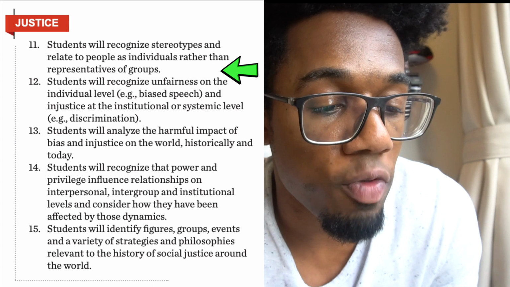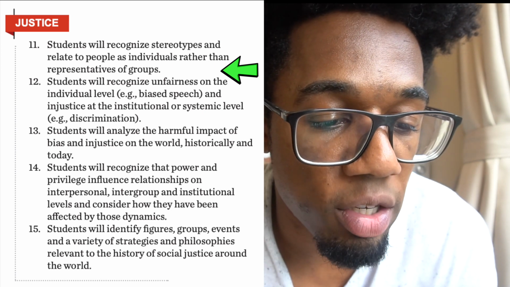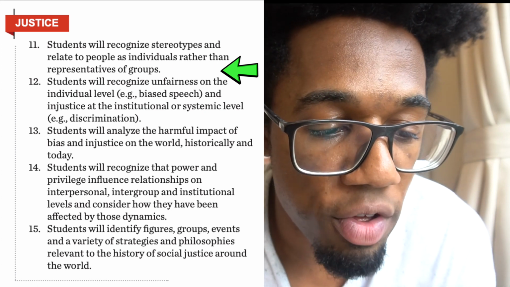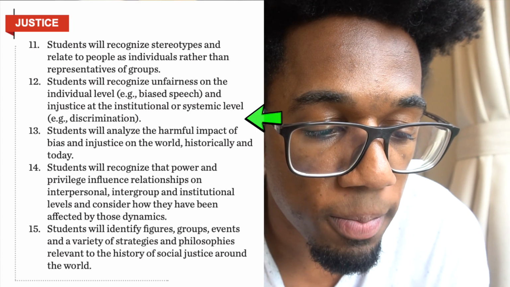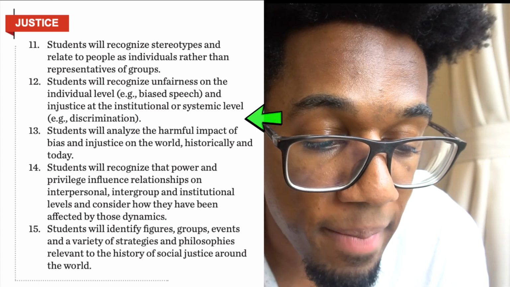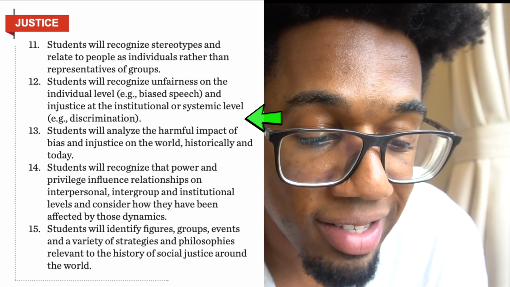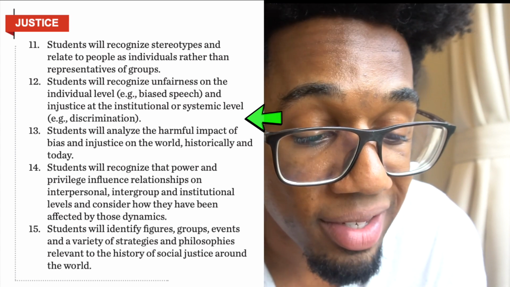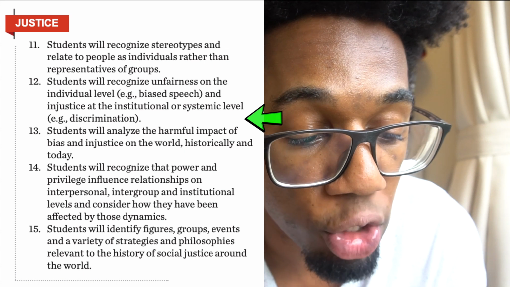Here are the 5 standards for justice. Students will recognize stereotypes and relate to people as individuals rather than representatives of groups. Students will recognize unfairness on the individual level, biased speech, and injustice at the institutional or systematic level, for example, discrimination.